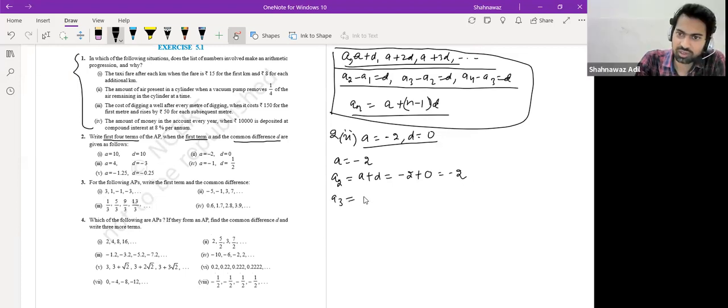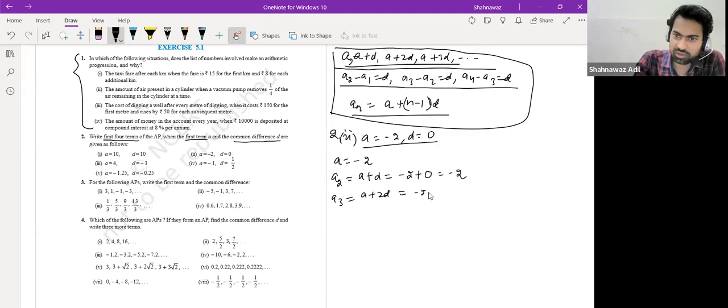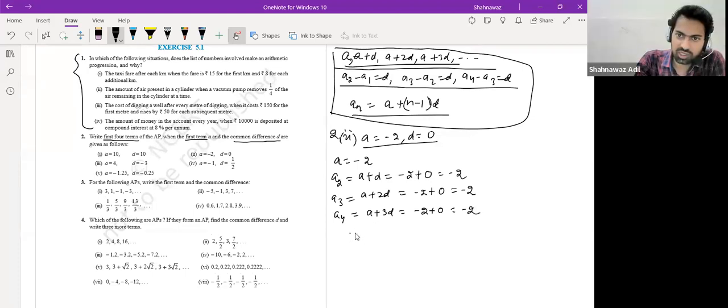So A3 is how much? A plus 2D. So this is minus 2 plus 0, which equals minus 2. Then A4 is A plus 3D, minus 2 plus 0, equal to minus 2. So this would be the progression, right?